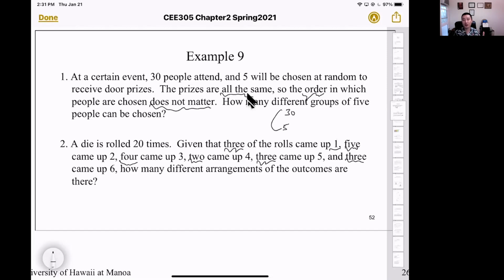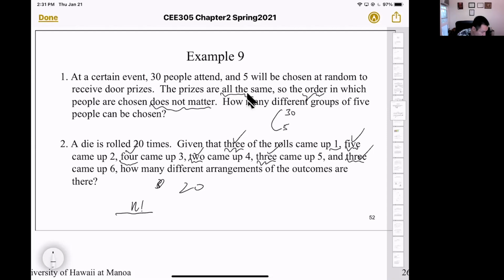We only know that 3 times out of these 20 we have 1. And 3 plus 5 plus 4 plus 2 plus 3 plus 3 is equal to 20 total. So we're going to use that special equation.